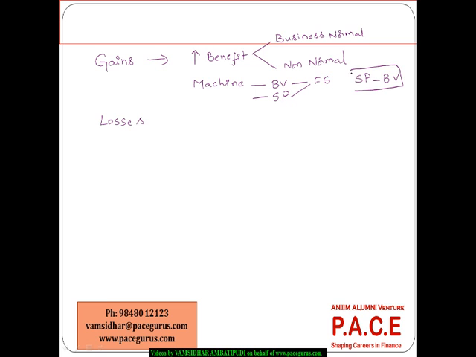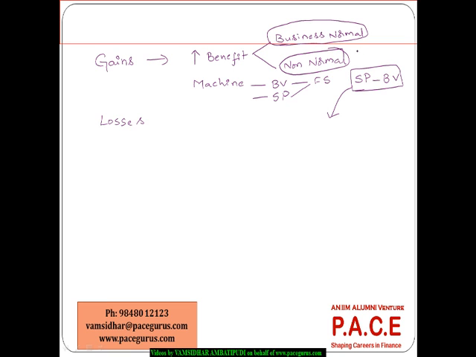If it is positive, I'll treat it as a gain. If it is negative, I'll treat it as a loss. So this is a gain that is coming because of selling a particular asset. The same way, this is as a part of the normal business operation itself, because the machine which I have been using for running my business.